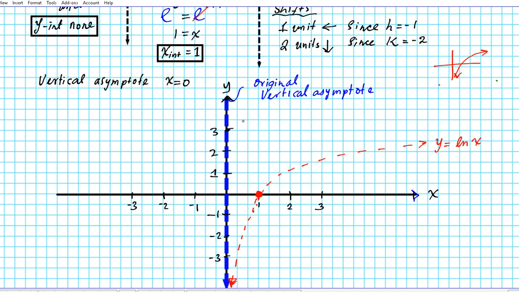So let's go ahead and do the reflection. It's going to look something like this. Instead of increasing, it's now going to be decreasing. Right there, and then it curves. It's just a sketch, okay? So what is this line we just drew? This is y equals negative ln x.